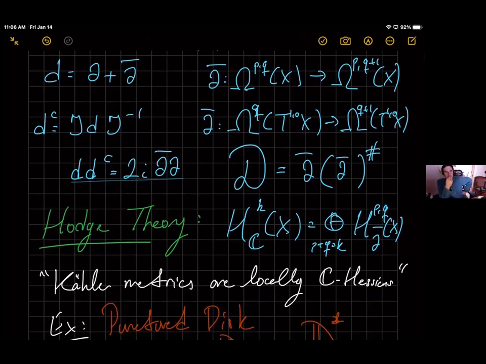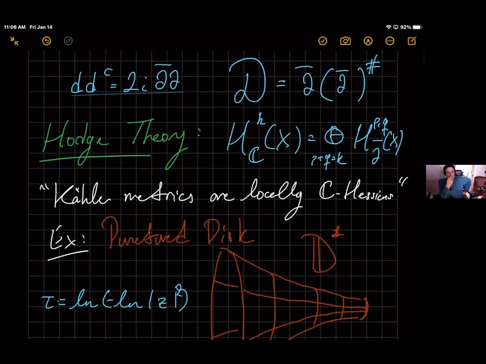And one other operator that's a little less common, but will be pretty important here, is this script D operator that I've written. It takes two derivatives of functions, and what we do is give it a function. It'll first take del bar of that, which will give us a (0,1) differential form. And then we sharpen this with respect to our metric, which will take a (0,1) differential form to a (1,0) vector field. And then we can take the gradient operator of that vector field.